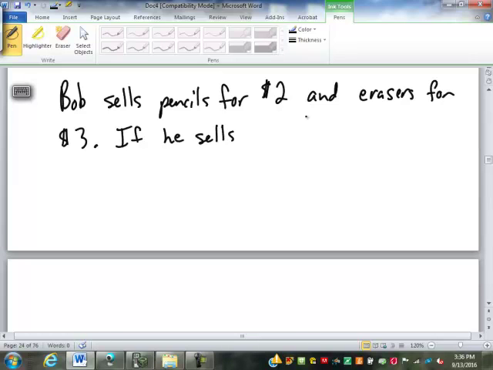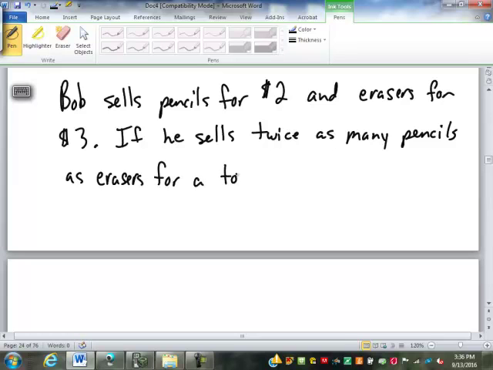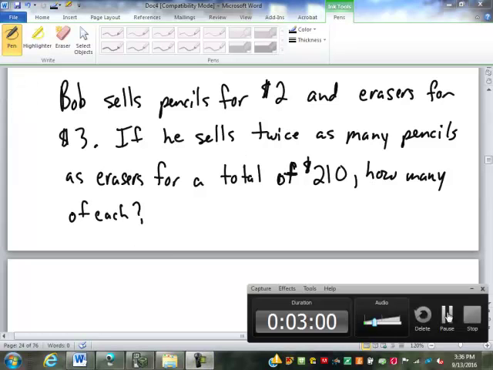If he sells twice as many pencils as erasers, for a total of $210. Once again, how many of each were sold? Give that one a shot. I'll give you a couple minutes to try it.